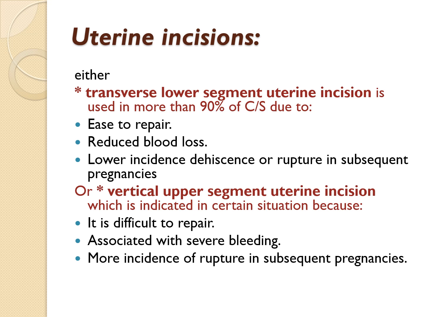The other type is vertical upper segment uterine incision, also known as classical uterine incision, which is indicated in certain situations because it is difficult to repair, it is associated with severe bleeding, and more incidence of rupture in subsequent pregnancies. You have to know the uterine incisions are different from the skin incisions. So the patient might have a Pfannenstiel incision with a classical uterine incision, or might have a lower midline skin incision with a transverse lower segment uterine incision.